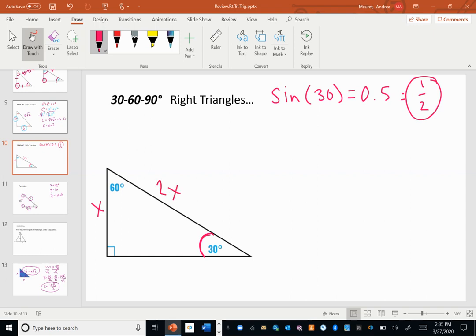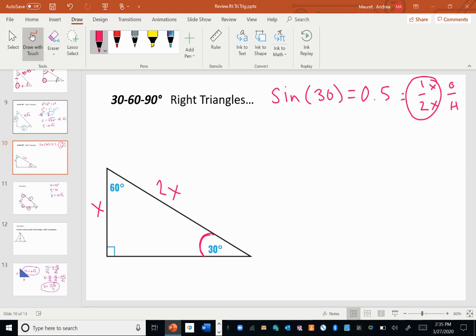That's because of this idea that the sine of an angle is the opposite divided by the hypotenuse. So if the opposite is 1, the hypotenuse is 2. If the opposite is X, then the hypotenuse is 2X. And so there I've established a little bit of a relationship.